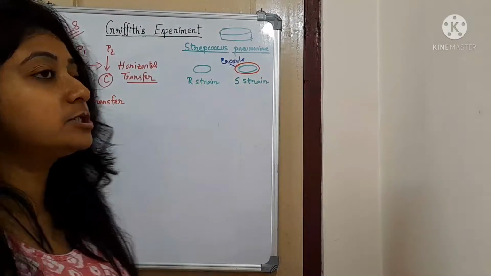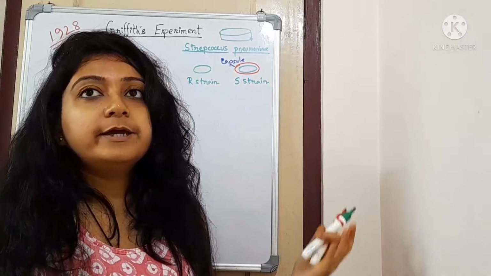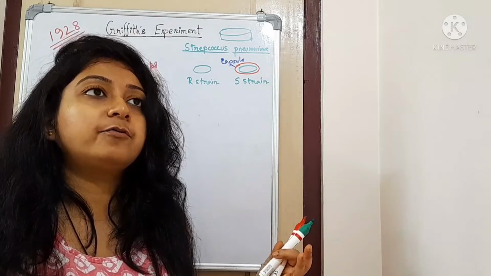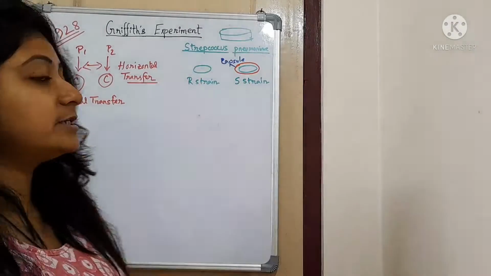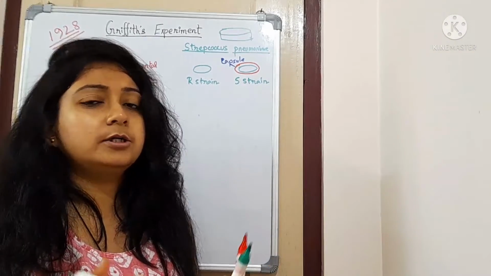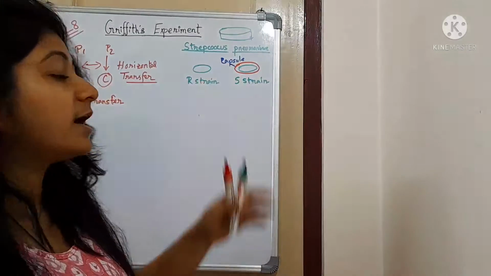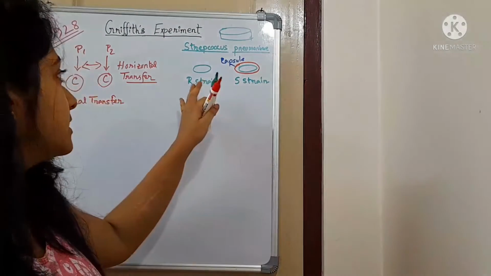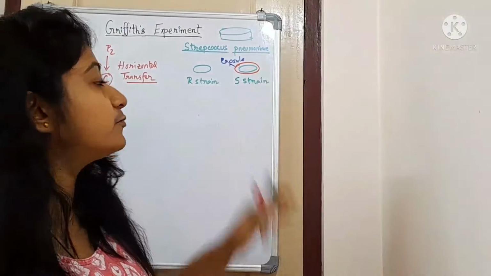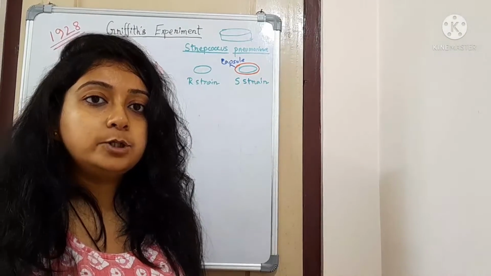One terrorist is just moving around without having any kind of cover on his face, and another criminal is covering his face. So what will happen? Police will recognize this one first, and this one they will not be able to recognize.